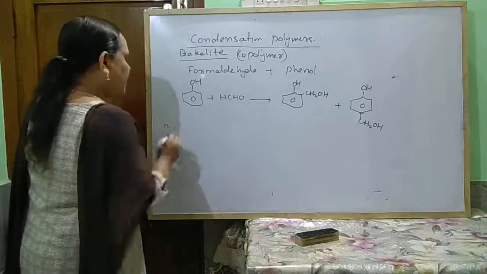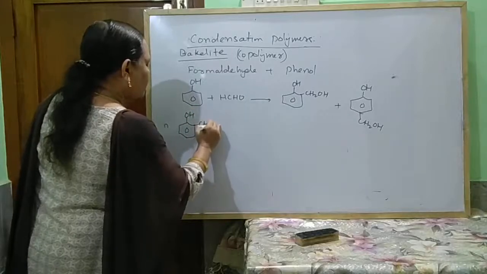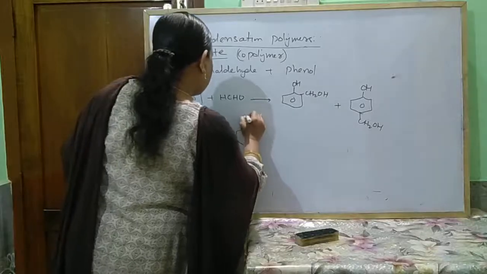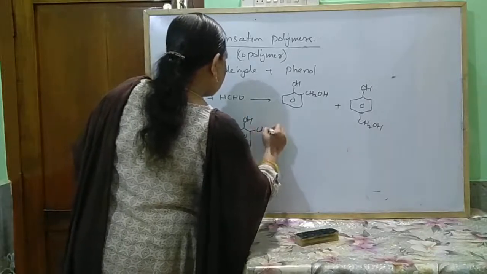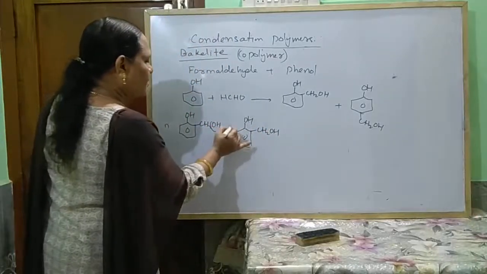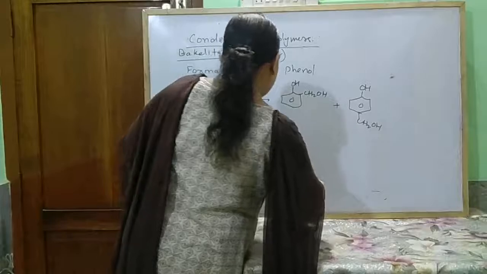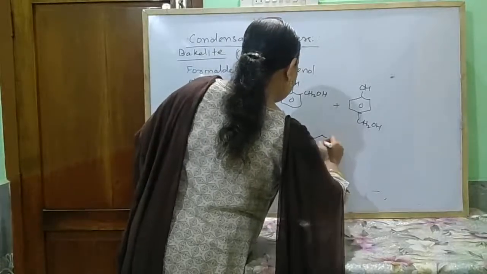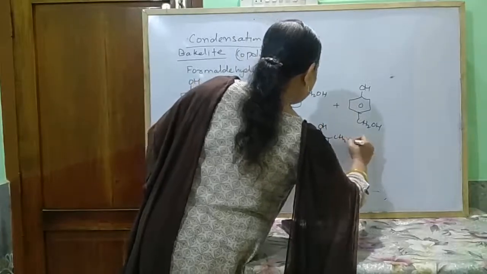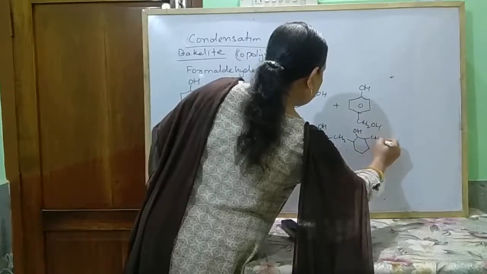So first, n number of OH, CH2OH. Suppose there is another phenol group. It also contains CH2OH. So there is one hydrogen. So OH of this and hydrogen of this, removal of water takes place and it forms OH, CH2, OH, CH2.